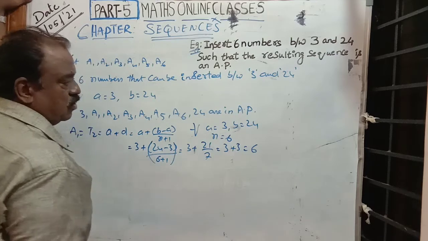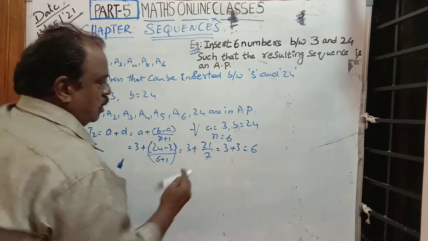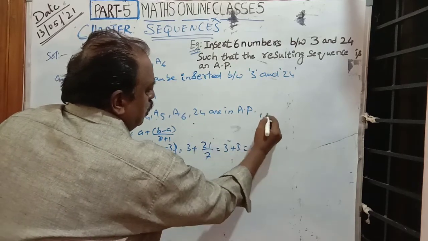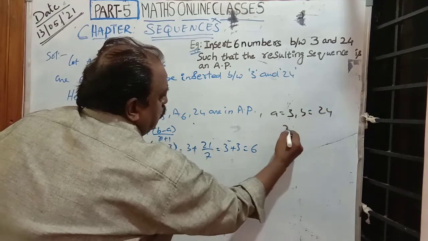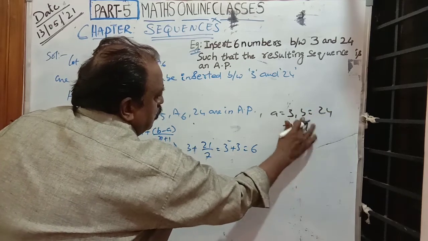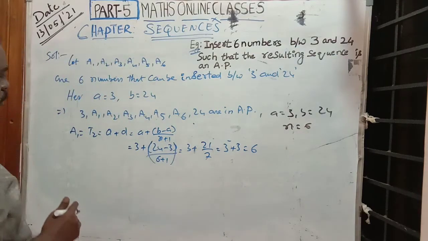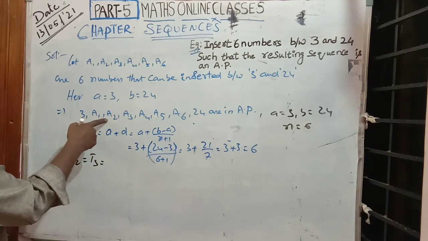It is 6. Don't confuse. This concept I will write here. Here A is equal to 3, B is equal to 24, N is equal to 6. Now A2. A2 is T3.